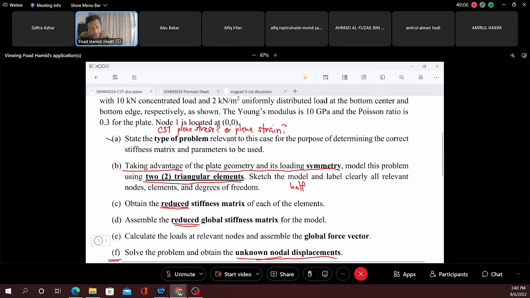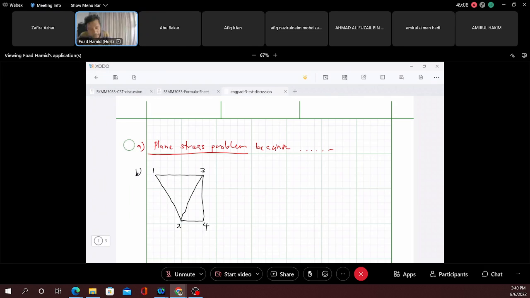So in this case, this is element number 1. This is element number 2. So we have two CST elements, and then this is Q1 and Q2. Q1 is 0, Q2 is 0. How about Q3 and Q4? Oh, sorry, not Q3 and Q4.